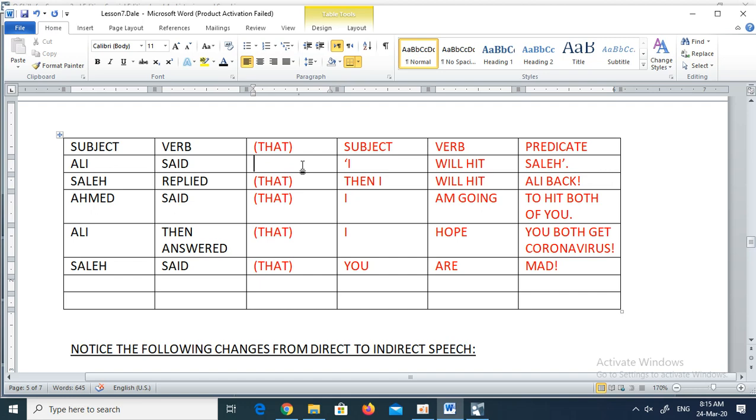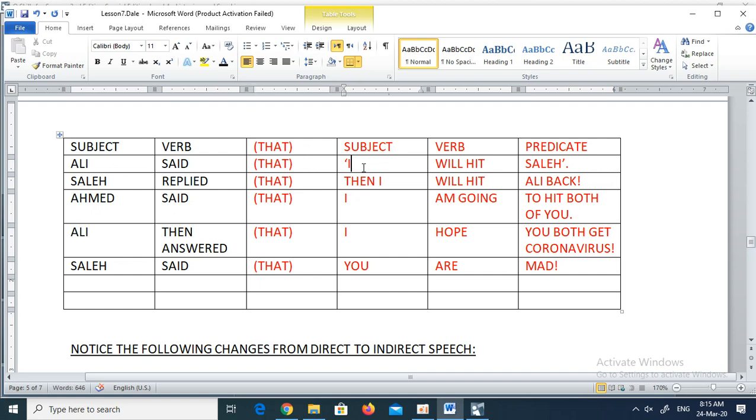If we start with the example, Ali said, "I will hit Saleh." That is the direct speech. Now, to change that over, we will leave the words Ali said. We will then use the term that. We can use that. We don't have to use that, but we can use that.